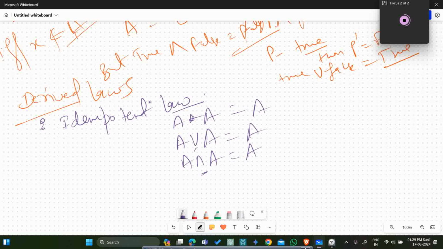So when both operands are the same, the value is the same. Next is absorption law.